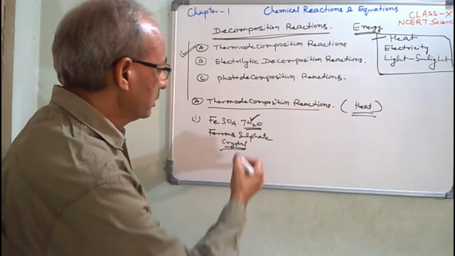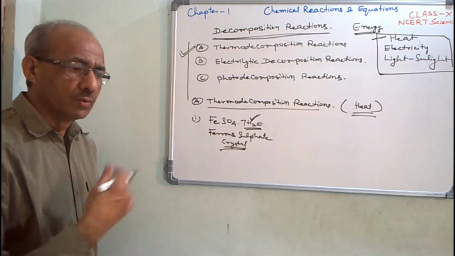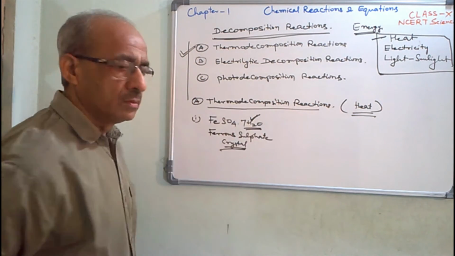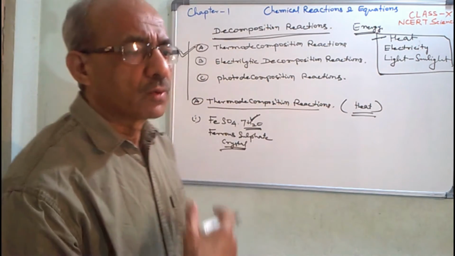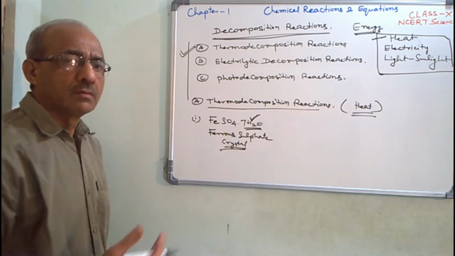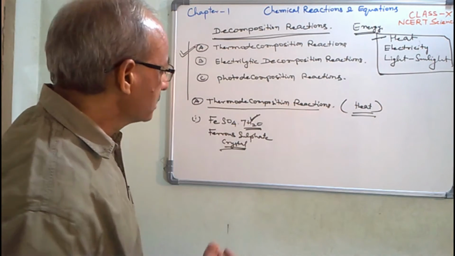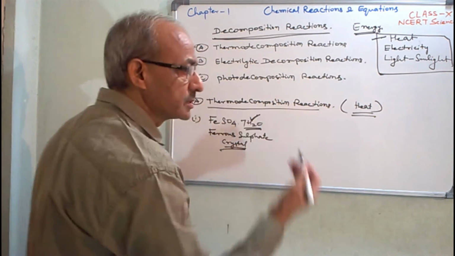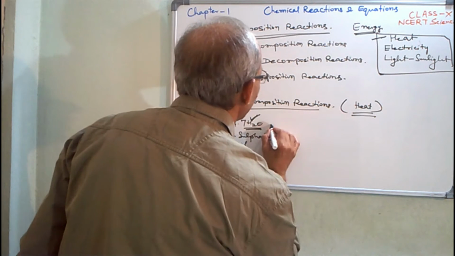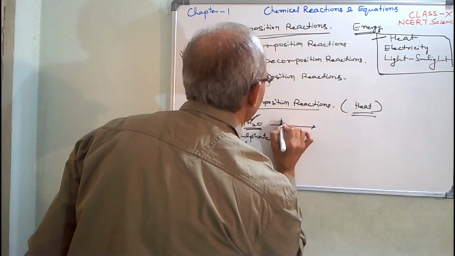When by heating the water of crystallization is removed from ferrous sulfate or from some other substances, its crystal form is lost. It becomes amorphous when heat is provided.